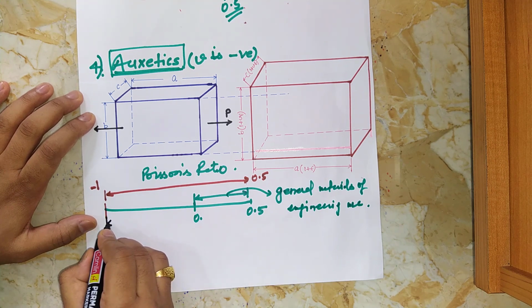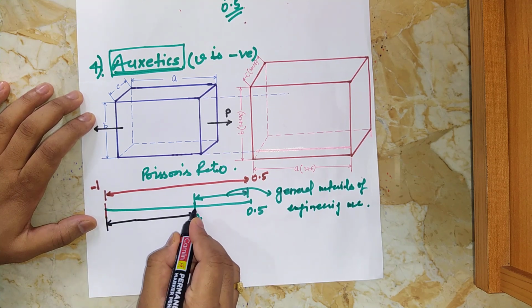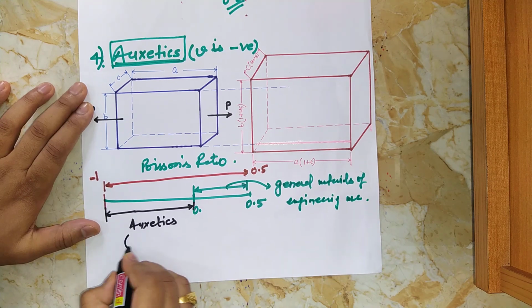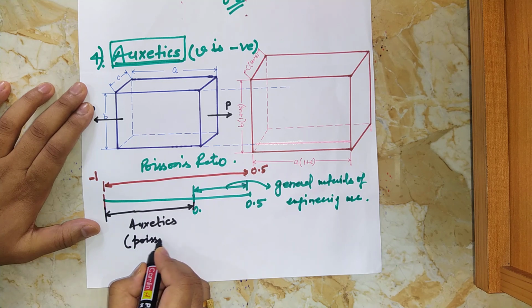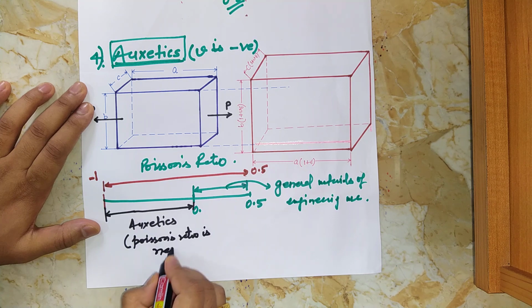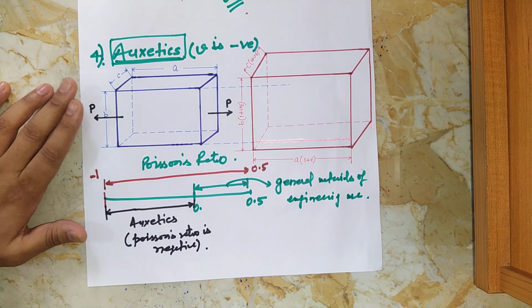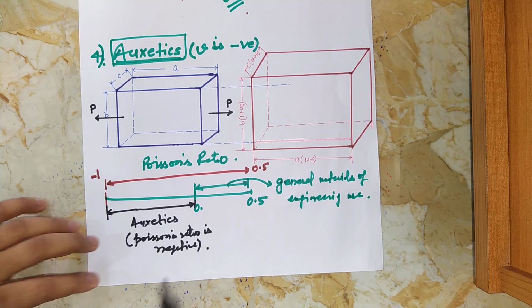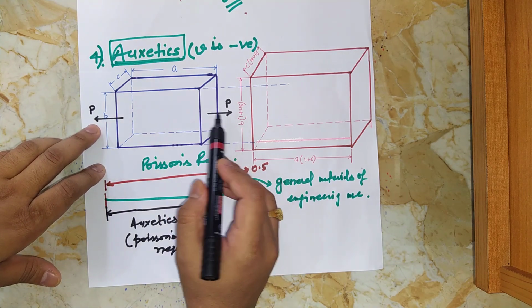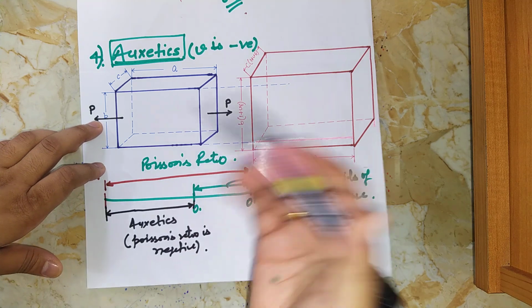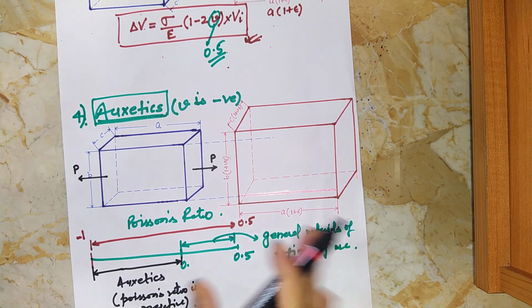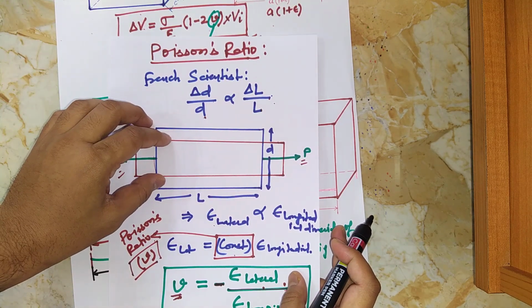Here we will discuss an important class of materials called auxetics, for which the Poisson's ratio value is negative. So what does this negative value of Poisson's ratio mean? It means that when we apply a load P elongating a body in the axial direction, normally what is seen is a decrease in cross-sectional area, isn't it?